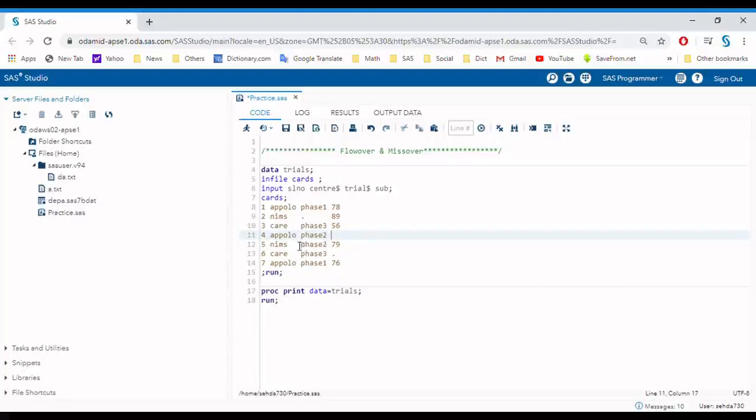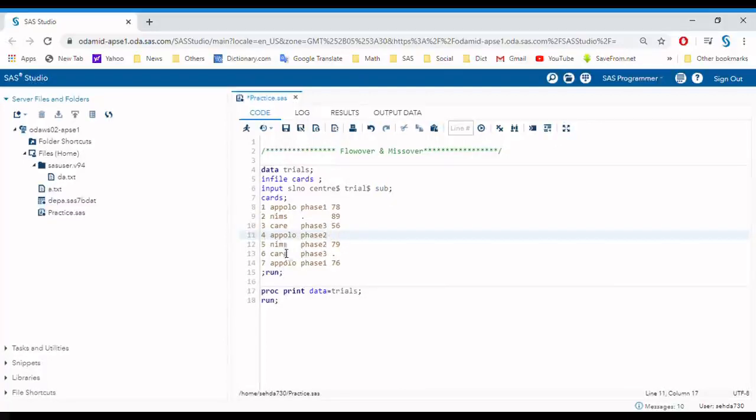Okay, so whenever SAS reads these observations one by one, when it comes to the fourth observation, it will read 4 in serial number, center Apollo, and then trials phase 2. Then when it goes to sub to read the value, it will not get anything.